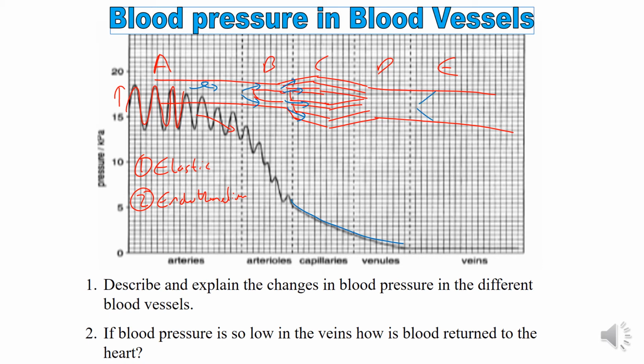And we know that the veins have very low pressure to go back, and there are valves in the veins to ensure there is no backflow. And the blood is brought back to the heart in the veins due to breathing, and that lowers the pressure in the veins when you breathe out, and also it's due to muscle contractions which force the blood forward.